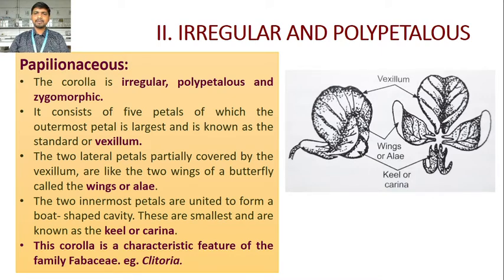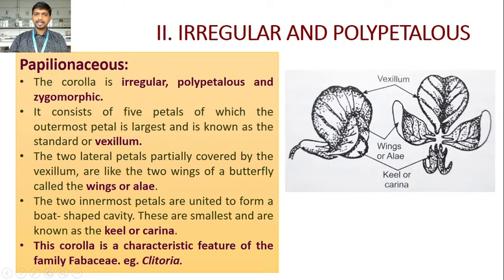It consists of 5 petals. Here in this diagram we can see the 5 petals, 1, 2, 3, and this is the 5th one. The outermost petal is largest, so this one is the largest petal. The outermost, which is largest, is known as the standard or vexillum.